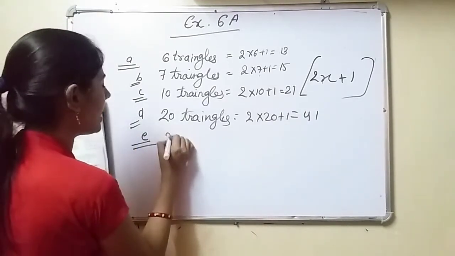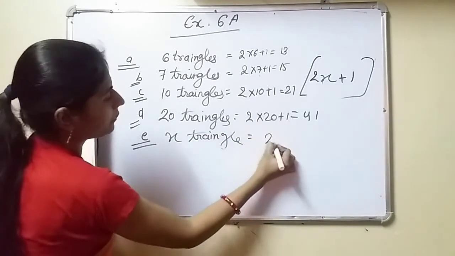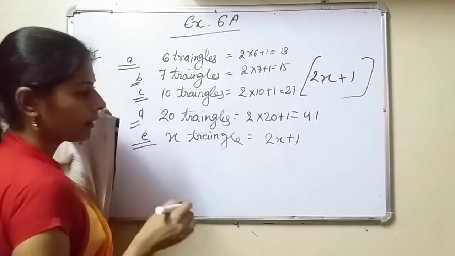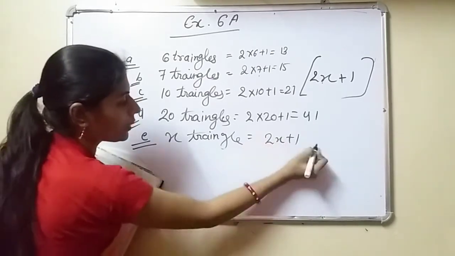Now for x triangles, what can you do? Directly you have to put the formula. You cannot solve x, you cannot multiply x by 2, so 2x plus 1.